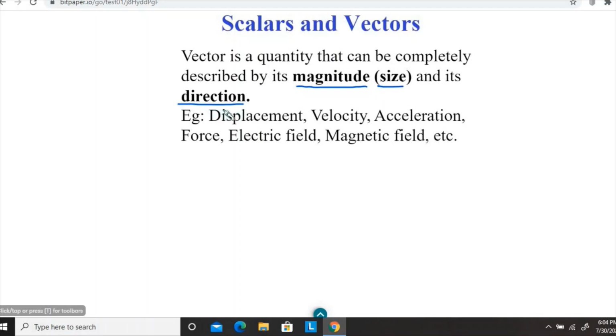For example, we will come across so many vectors in our course. To start with, displacement, velocity, acceleration, any type of force, electric field, and magnetic field are some of the vectors that we are going to discuss throughout this course.